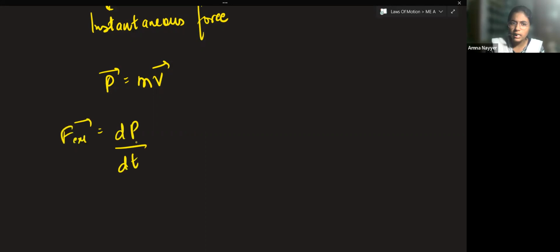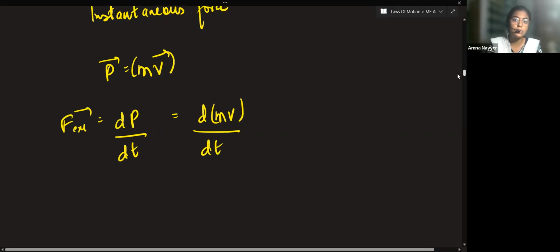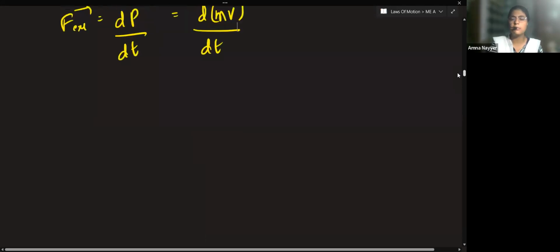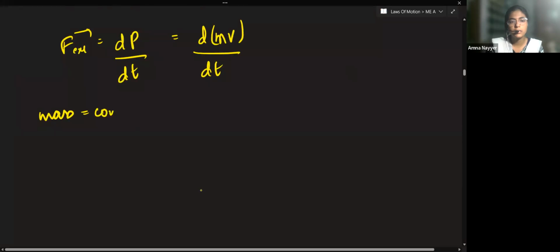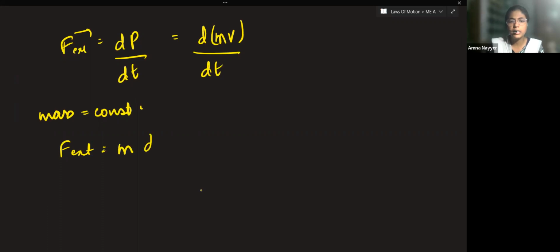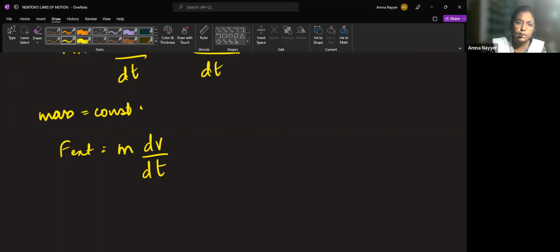So instead of p, I will write mv, in d of mv over dt. Now, if the mass of the body is constant, that is one more condition, I can take m outside and write m times dv over dt. What is left? Can anyone tell me what dv over dt is? Anyone?